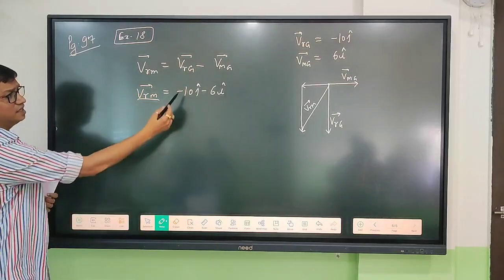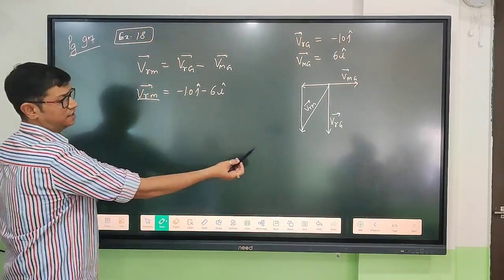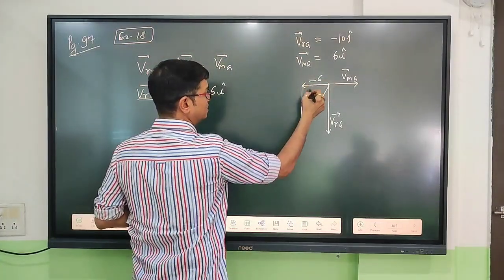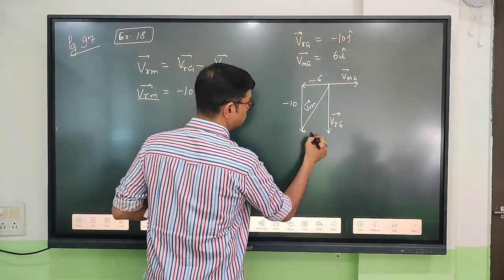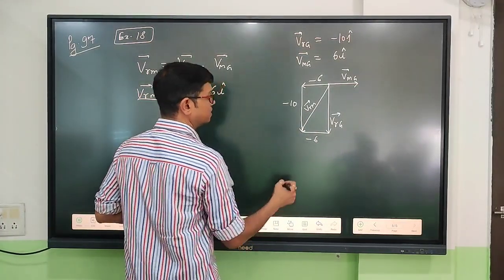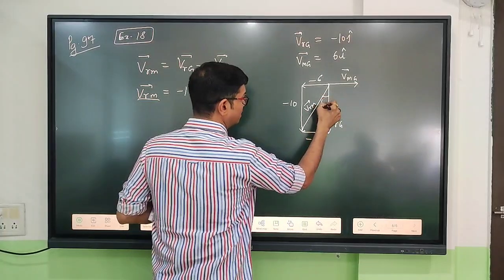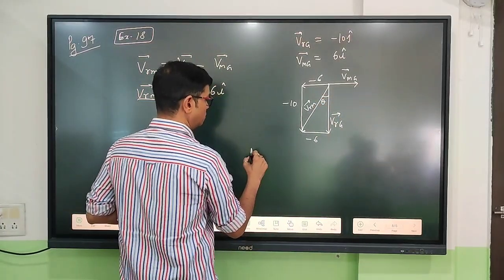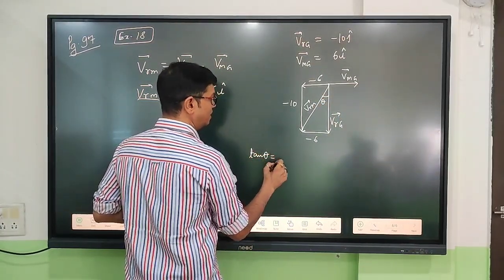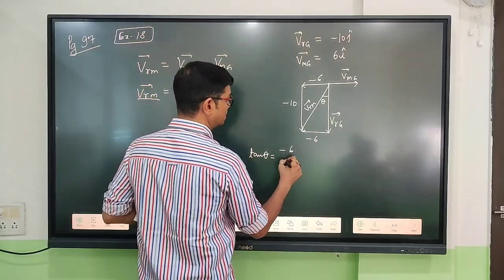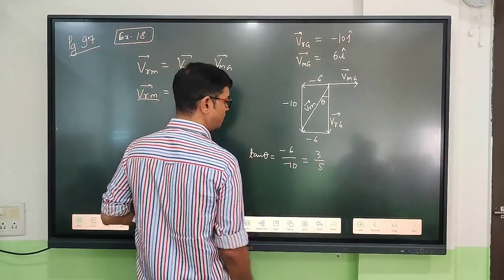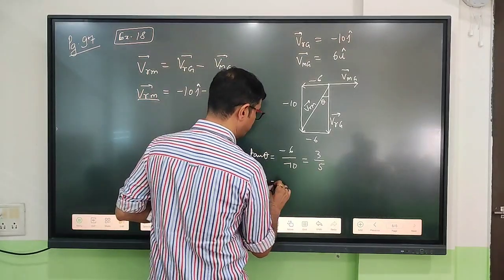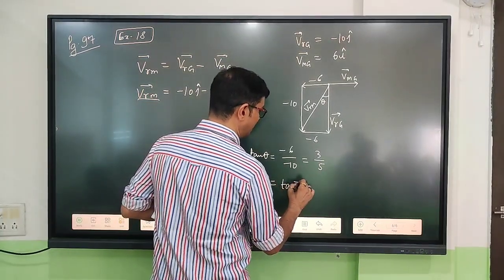V rain man minus 10 minus 6. Oh, sorry, minus 6 minus 10. So this is minus 6 and this is minus 10. This is also minus 6. So if you want to find out this angle, tan theta would be minus 6 minus 10, which is 3 by 5. So theta would be equal to tan inverse.